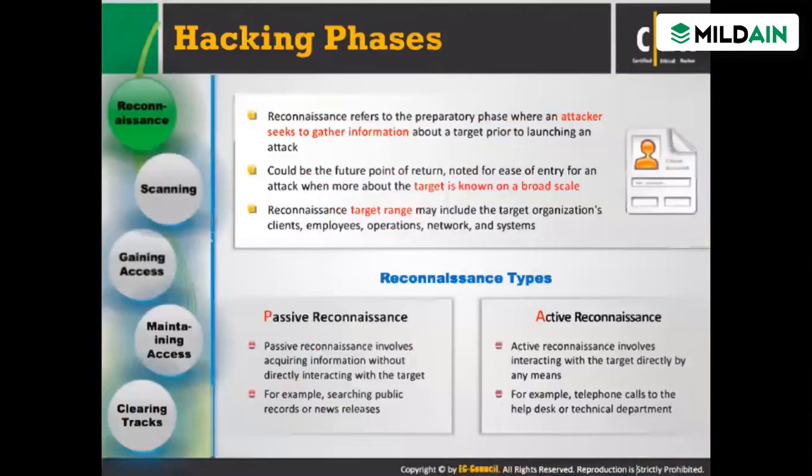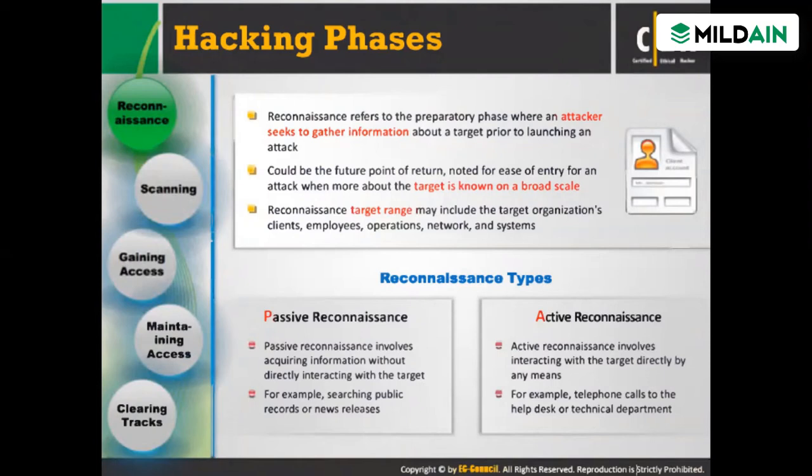Now, there are phases of hacking. The phases of hacking always start with the first one, the reconnaissance phase. Then comes the second one, scanning. Then we have gaining access, maintaining access, and clearing the tracks. First, let's talk about reconnaissance. Reconnaissance is nothing but gathering information about the target.